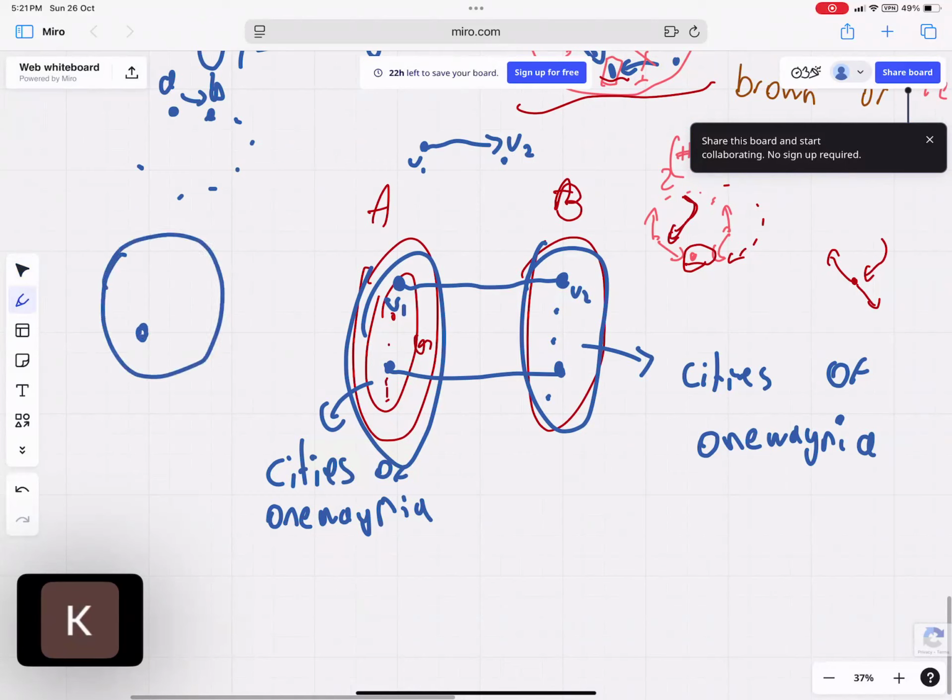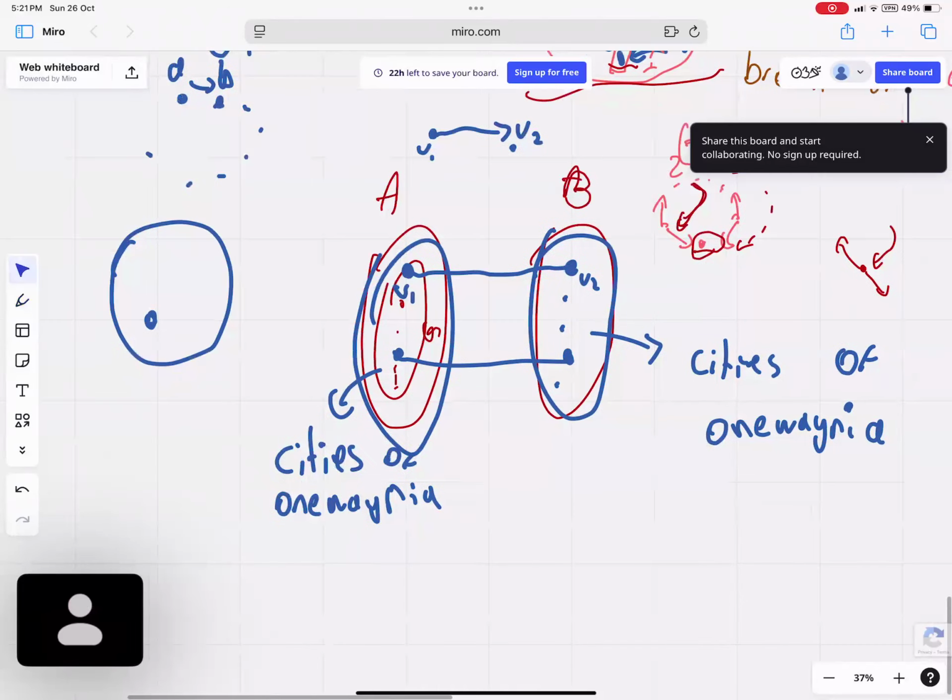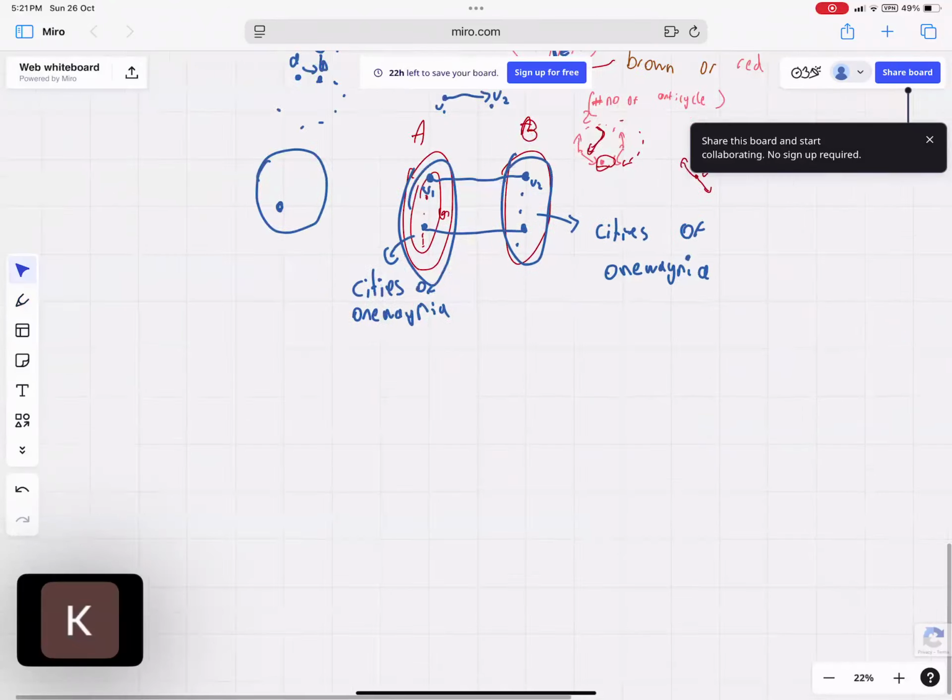Then we would have the edges V1, V2 and V1, V3 in this graph. And suppose V5 and V6 point towards V1. So we would have V5, V1 and V6, V1 also in this graph? I don't think you fully got it. What we're doing is we're making 2 copies of it. Are you creating only edges from A to B, or also from B to A?